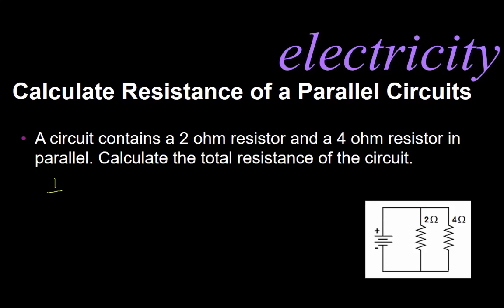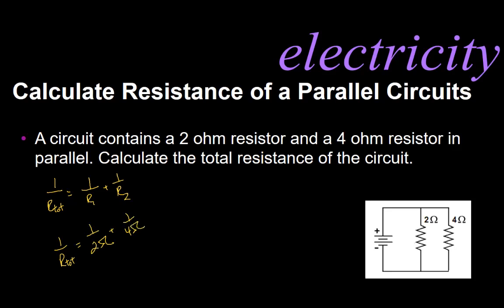So 1 over R total is equal to 1 over R1 plus 1 over R2. There are only two resistors here. So 1 over R total equals 1 over 2 ohms plus 1 over 4 ohms.